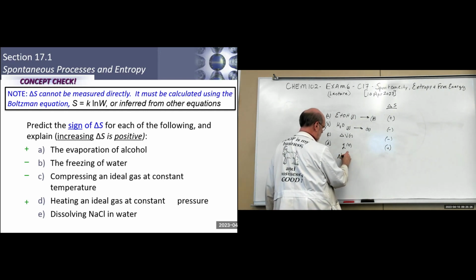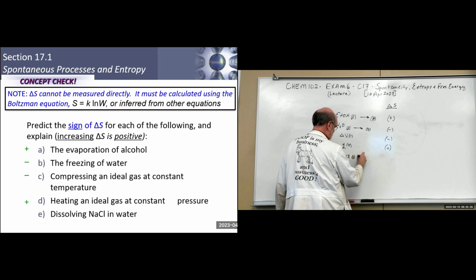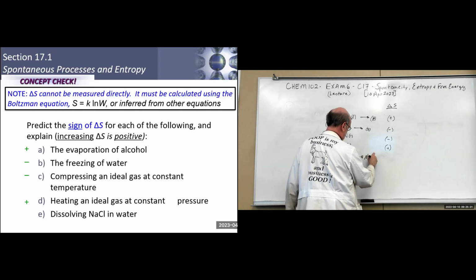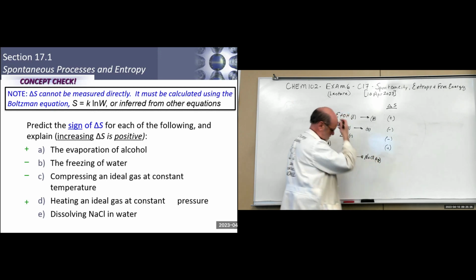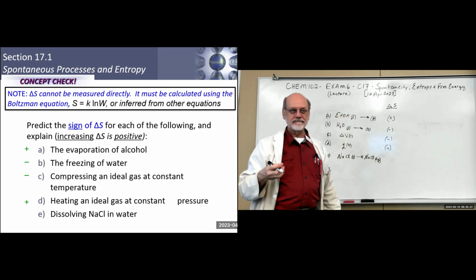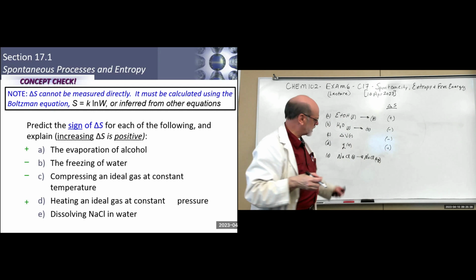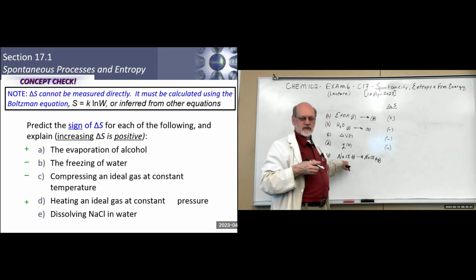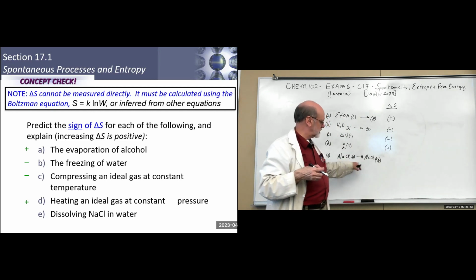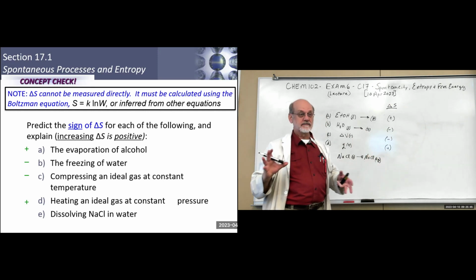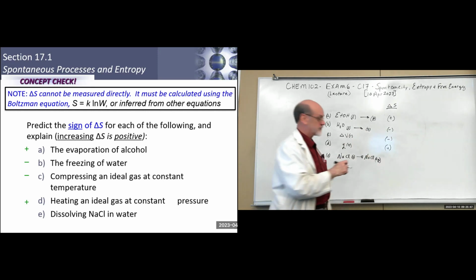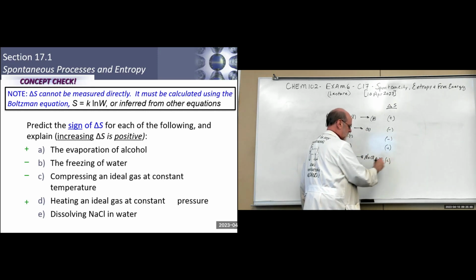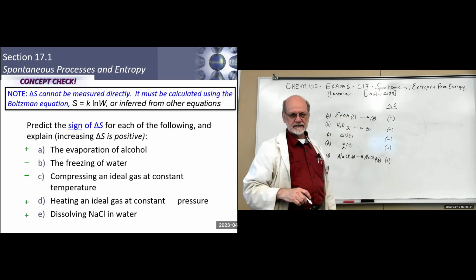The sodium chloride solid goes to sodium chloride aqueous. Well, if we're talking about the sodium chloride, we're definitely going from a solid to more dispersed ions. Right? So the entropy should increase for that. There we go.